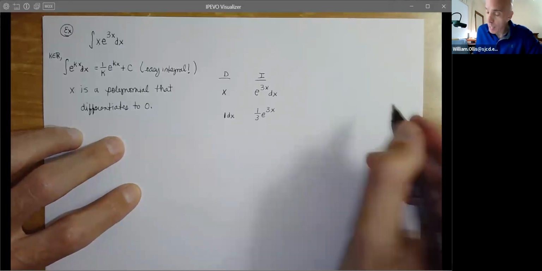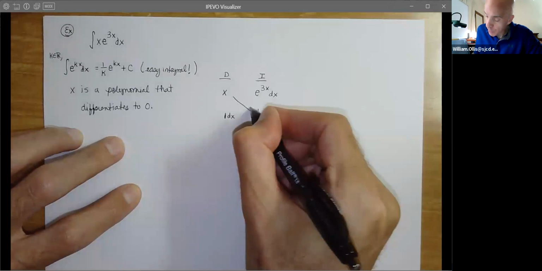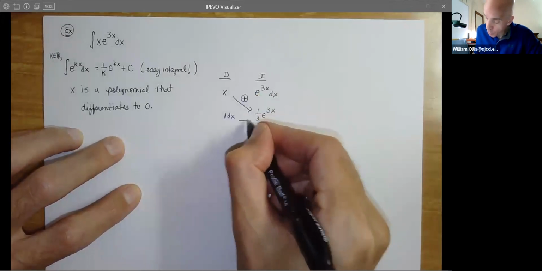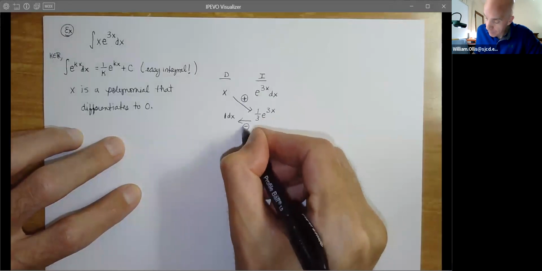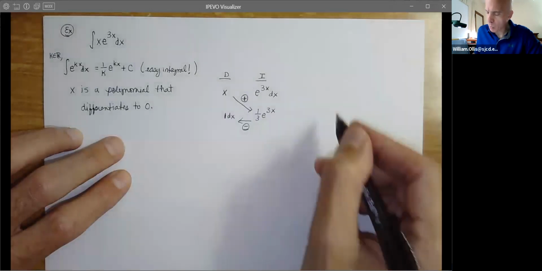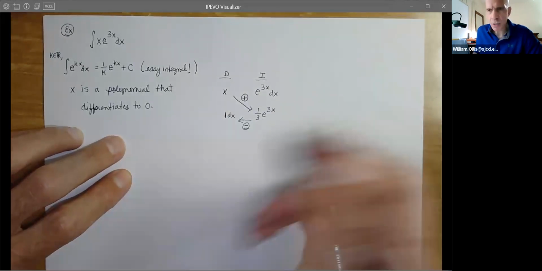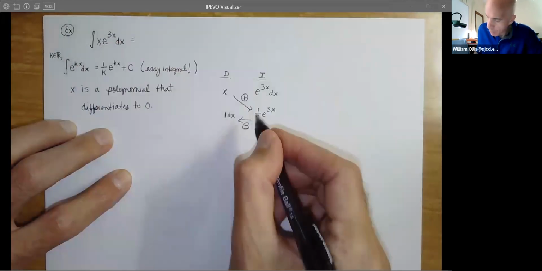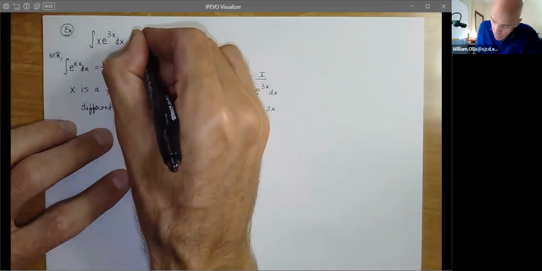So you're thinking, okay, so uv minus the integral v du, right there. Okay? So you're thinking, all right, well, Professor Ryan, that's easy. I can do that. I'm just going to go ahead and fill it in. So we have uv, 1/3.